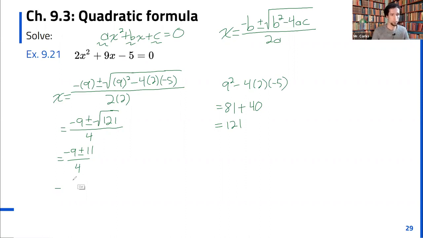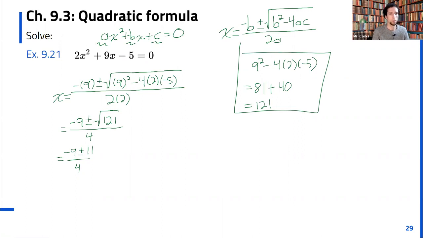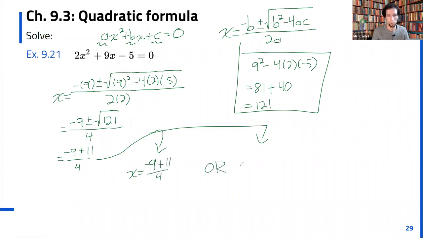And that means we have, gonna run out of space here. Let's move this up. And over. So x is equal to -9 plus 11 over 4, or x equals -9 minus 11 over 4.